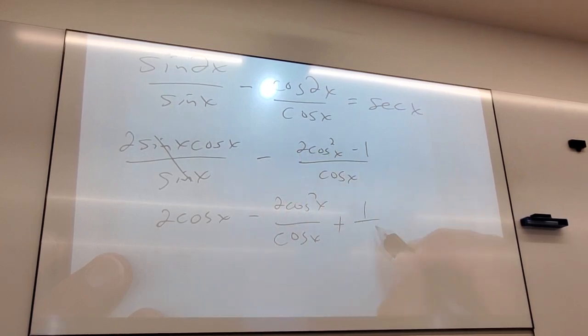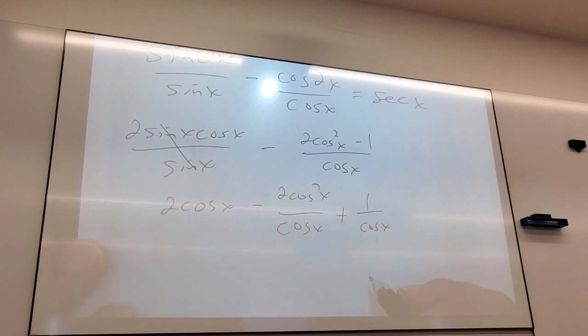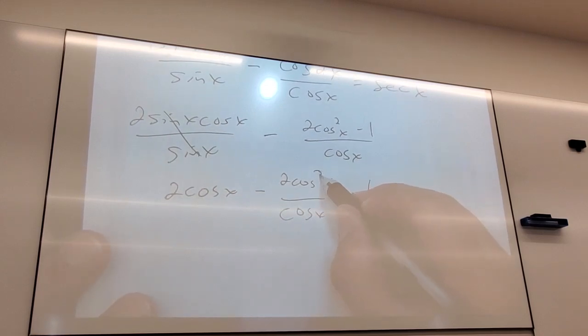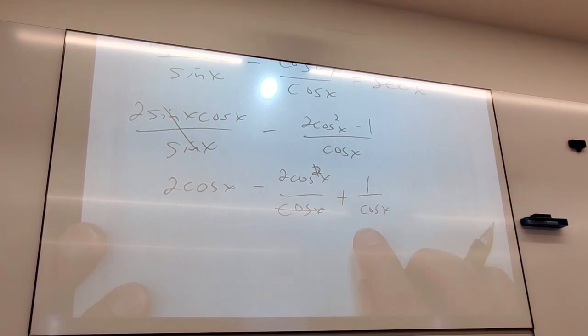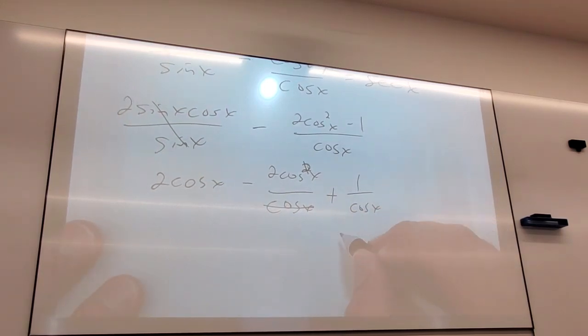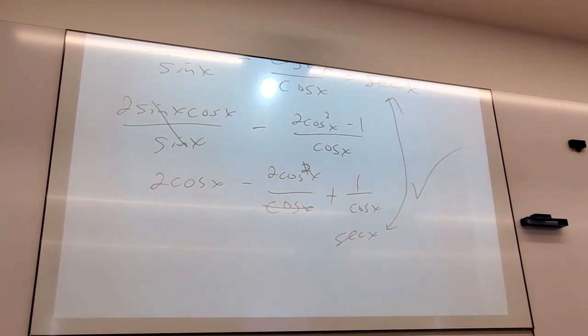Plus 1 over cosine. So what happens here? The cosine x cancels. And what's 2 cosine x minus 2 cosine x? 0. And what's 1 over cosine? Secant. Yes.